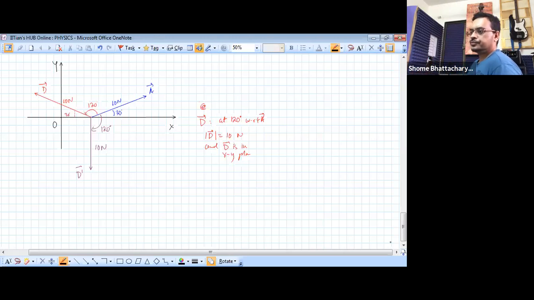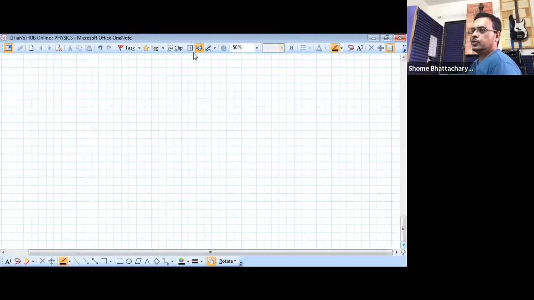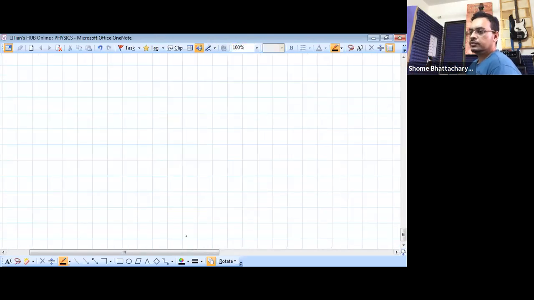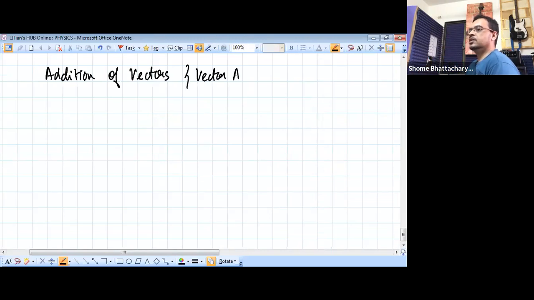Right? Okay. Now let's move on to the next thing in vectors, where we'll understand addition of vectors. So next vector operation for us is addition of vectors, or what we call vector addition. To understand that, this is a very different operation compared to scalar addition or compared to addition that you do in algebra.